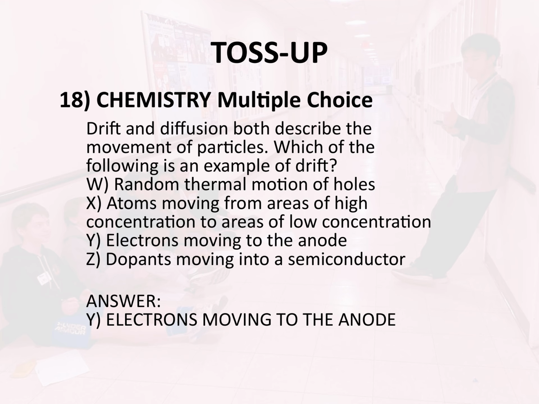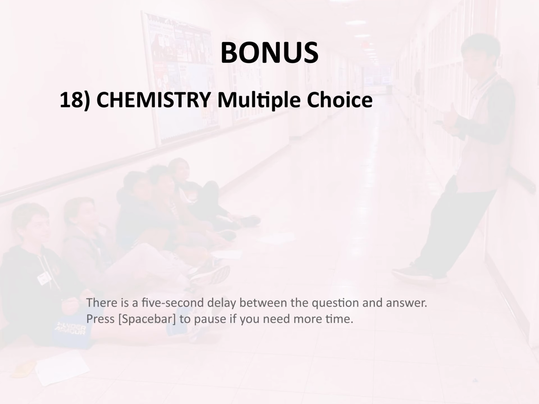Answer. Y. Electrons moving to the anode. Bonus 18. Chemistry. Multiple choice. Which of the following best explains why titanium dichloride is a solid at room temperature, but titanium tetrachloride is a liquid?